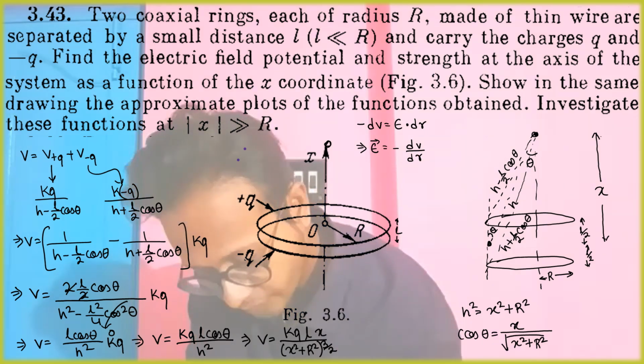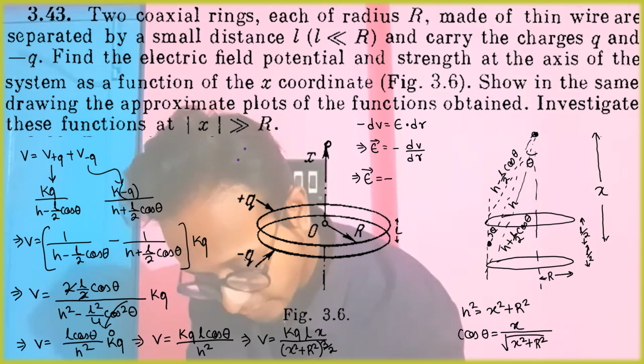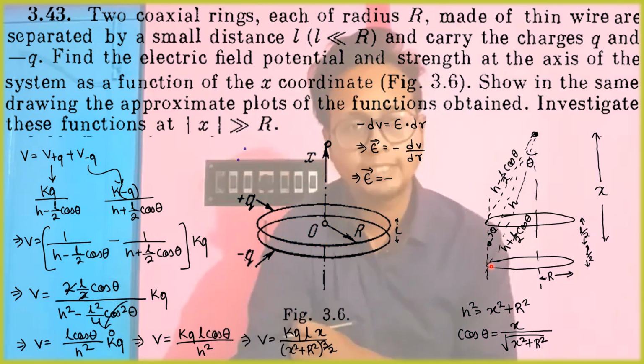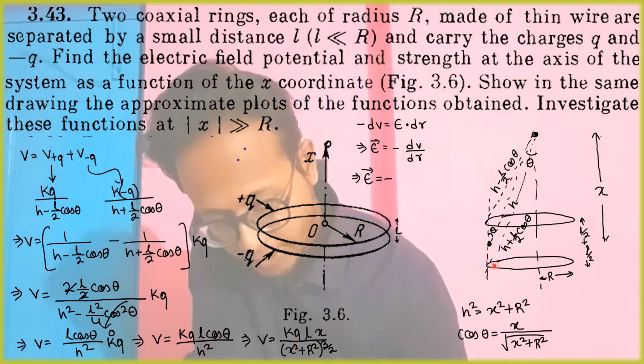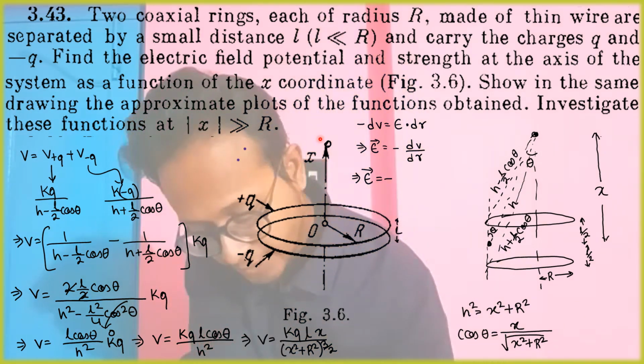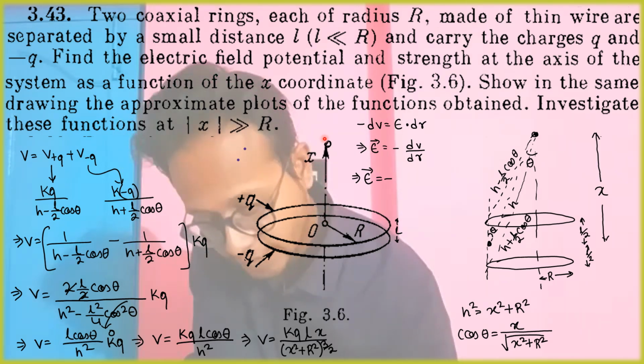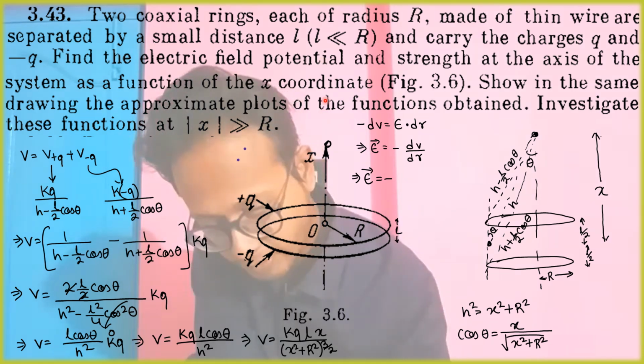So E is equal to minus, I have to differentiate this entire term with respect to which variable, r or x? See, r is nothing but the radius of the ring, x is nothing but the distance from the axis. So I have to differentiate with respect to x. As I go far, the potential decreases, and the electric field also decreases.